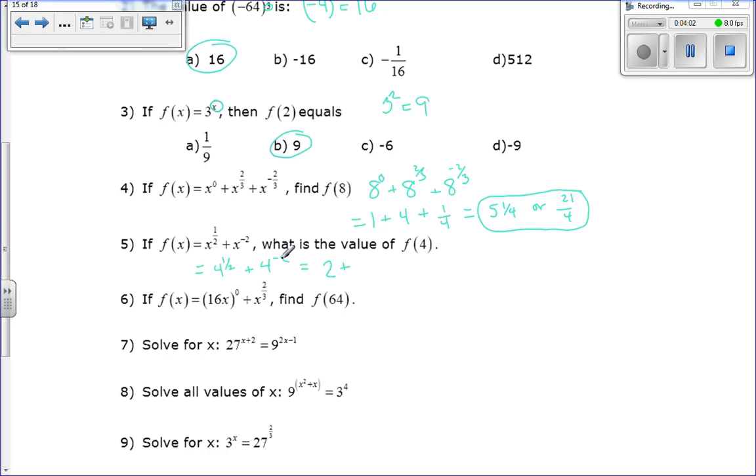Plus 4 to the negative 2 means I write it as 1 over 4 squared. So it's 2 plus 1/16. So we have 2 and 1/16, or 33 over 16.